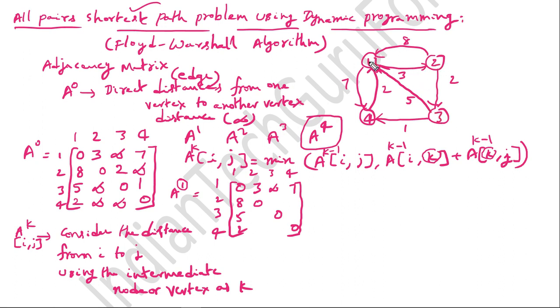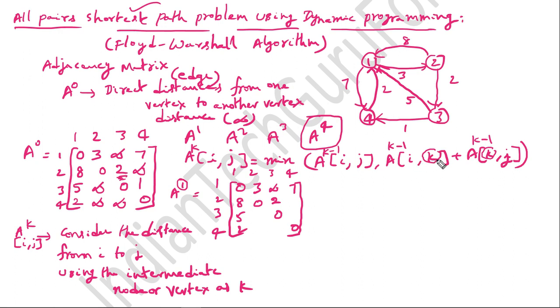If you go from 2 to 1, 1 to 4, there is no path to 3. So that's why we are going to use the same value, 2, because the formula says minimum of A power k minus 1, here 1 minus 1, 0, A power 0 of i comma j, that is minimum of 2 comma.